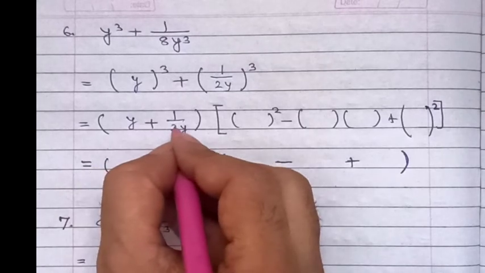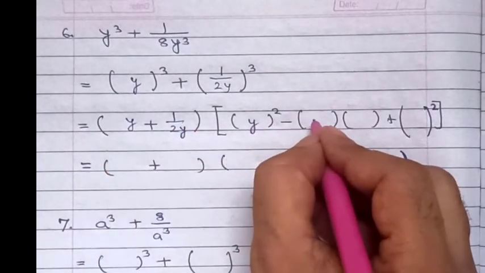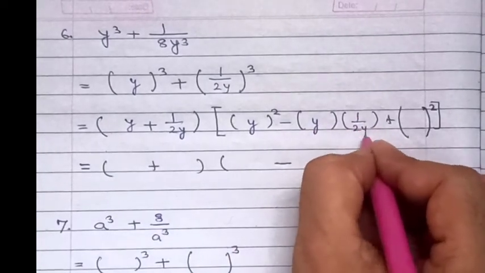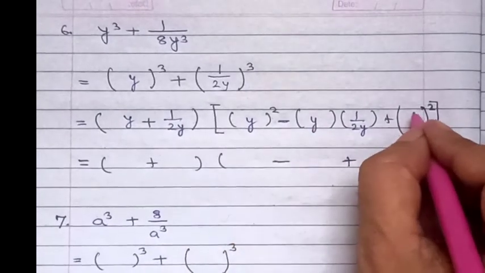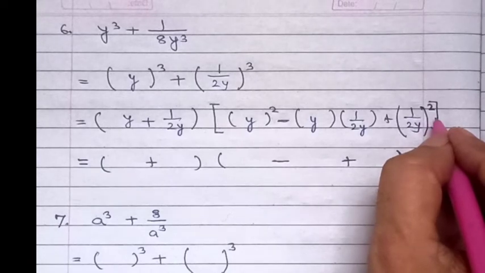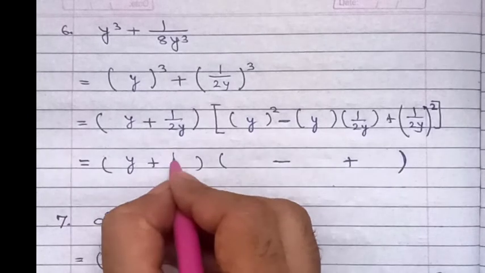So first term plus second term, and then first term the whole square, then first term into second term with minus sign, and then plus 1 upon 2y, which is second term, the whole square. Now simplify, it will be as it is, y plus 1 upon 2y.